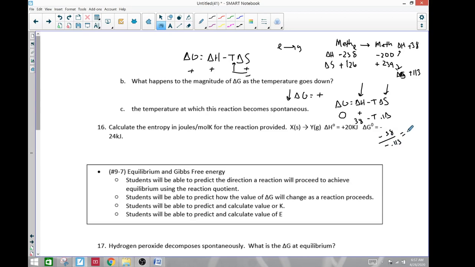So we get a positive value: 38 divided by 0.113 is 336 Kelvin. Now this is when delta G equals 0. So that is the answer to this question.